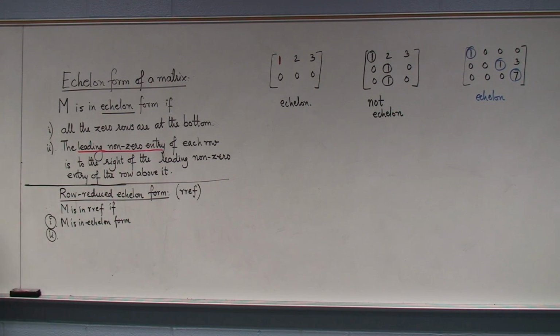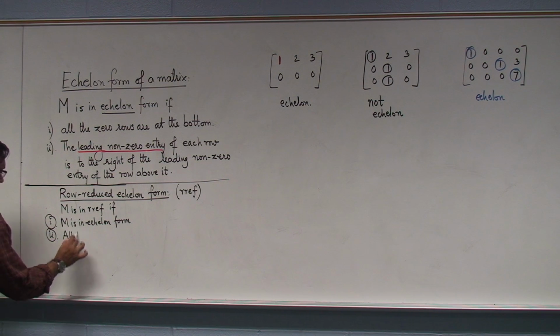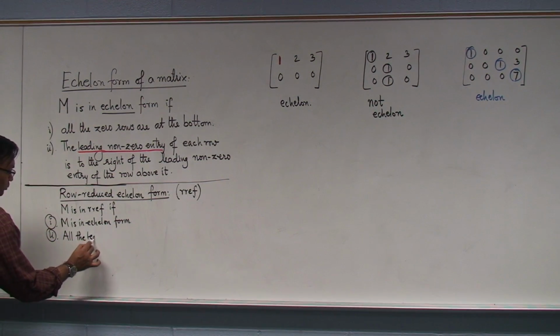The second thing is, why are we saying it is row reduced? Well, all the leading non-zero entries must be 1.